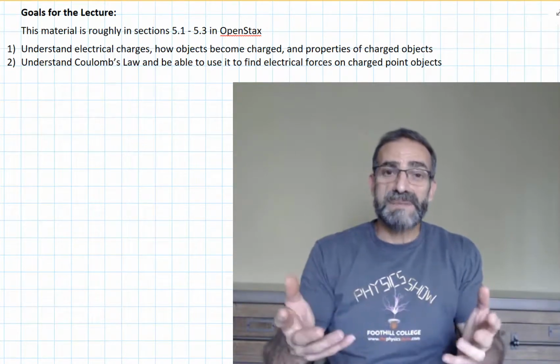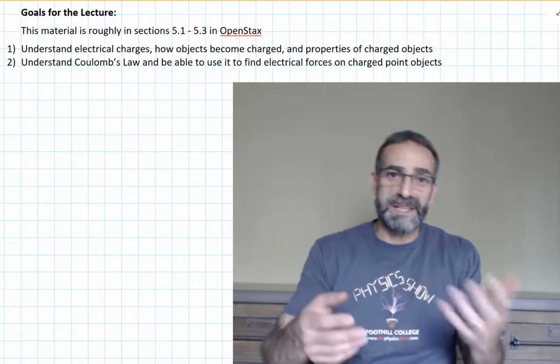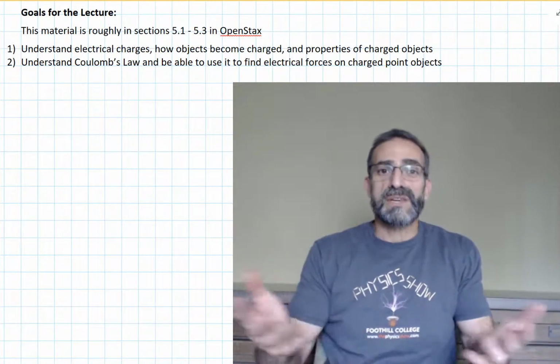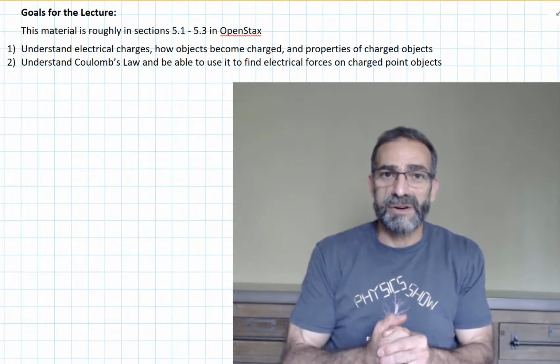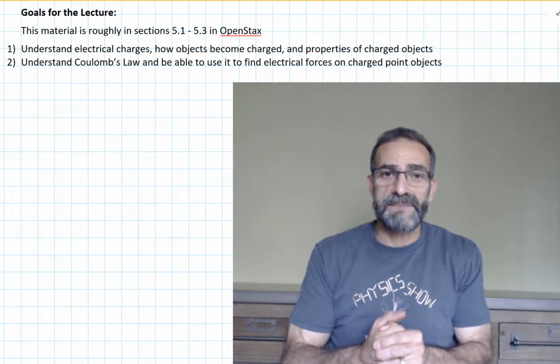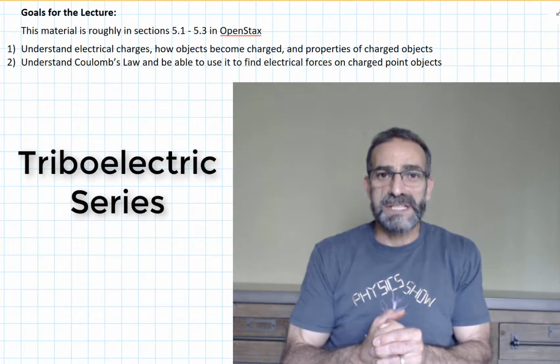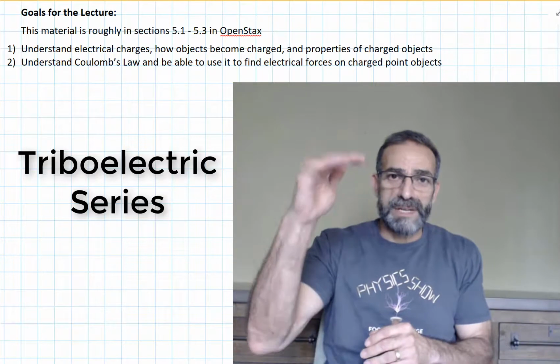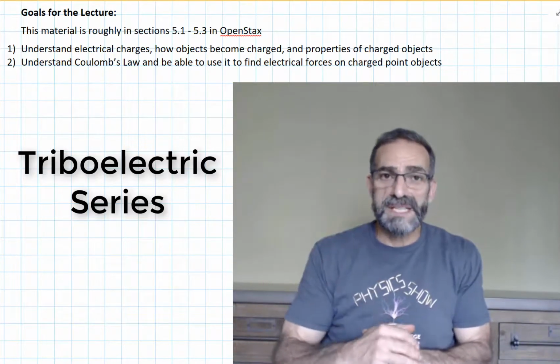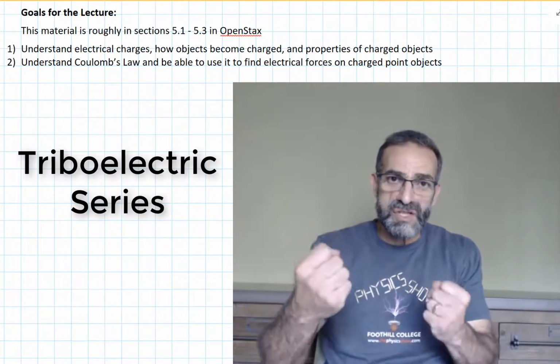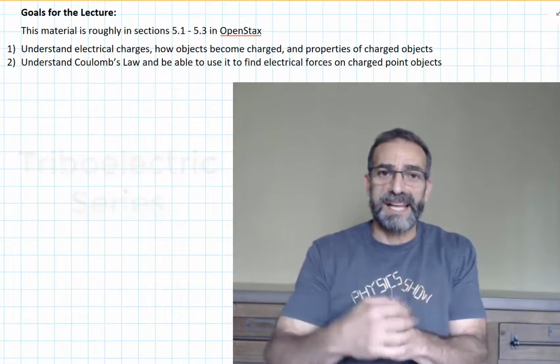How do you know which material gains electrons and which one loses electrons? Well, you can look it up in your chemistry textbook or just look it up online. It's called the triboelectric series. And the triboelectric series lists all different materials and how strongly they hold on to their electrons.